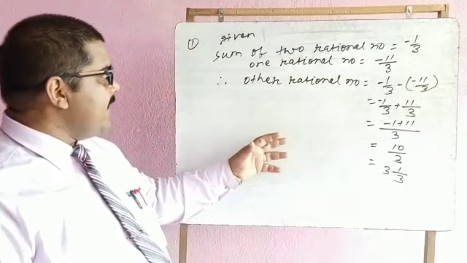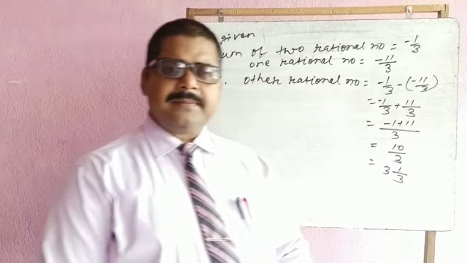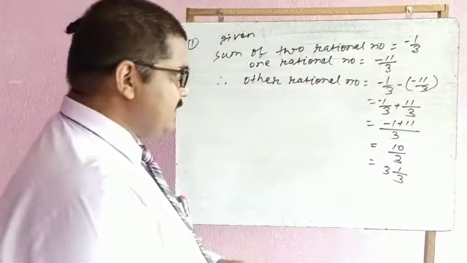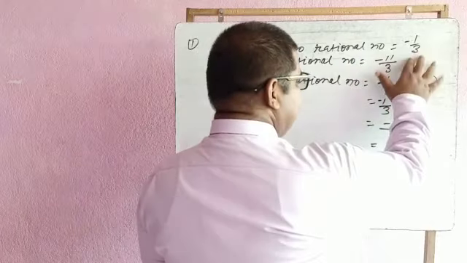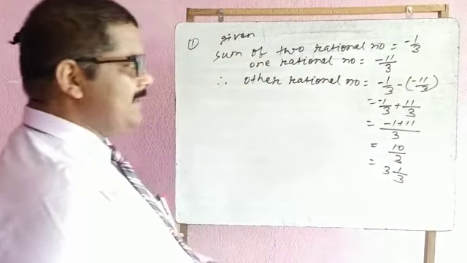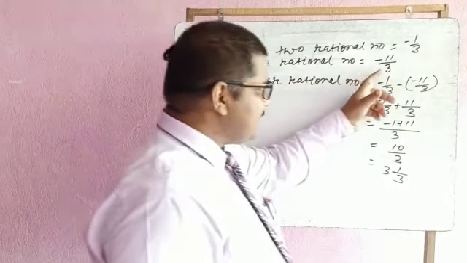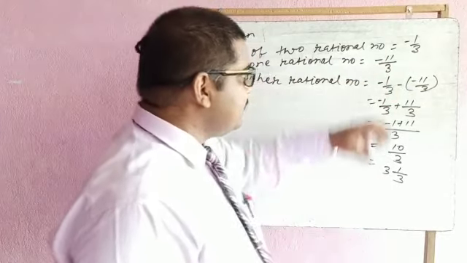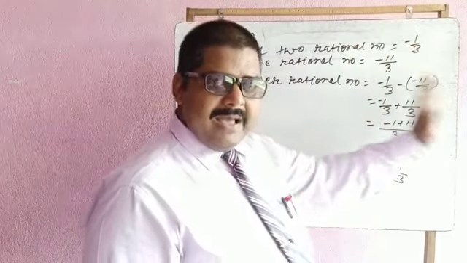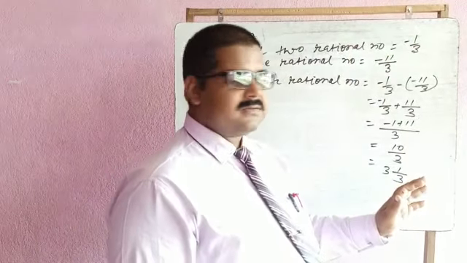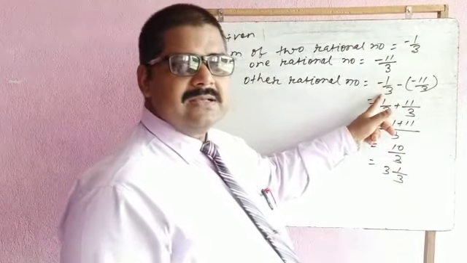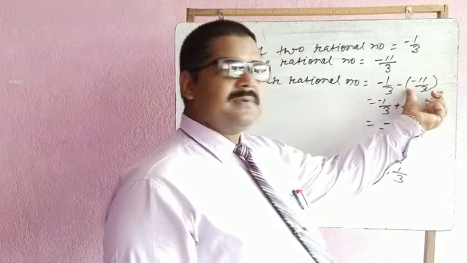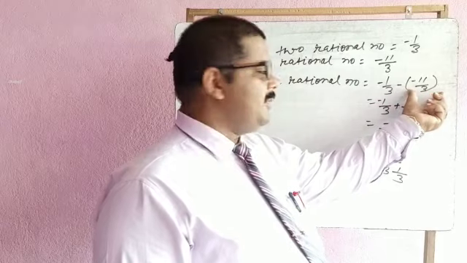You can see that I have taken a similar type of example. The sum of two rational numbers has been given as minus 1 upon 3, and one rational number has been given as minus 11 upon 3. Then the other rational number is obtained as the sum minus the first rational number: minus 1 upon 3 minus minus 11 upon 3.